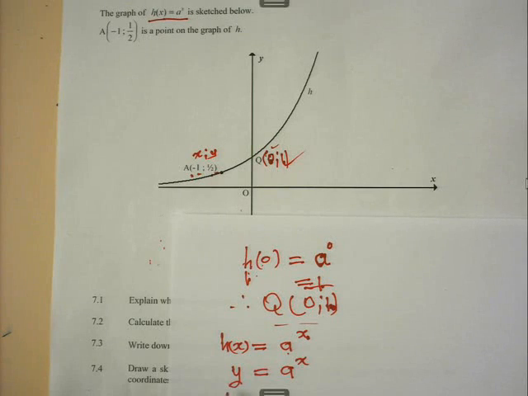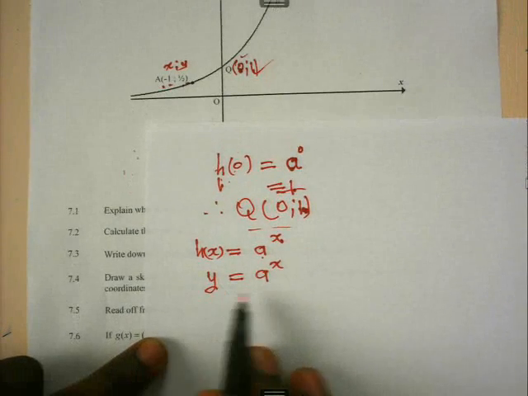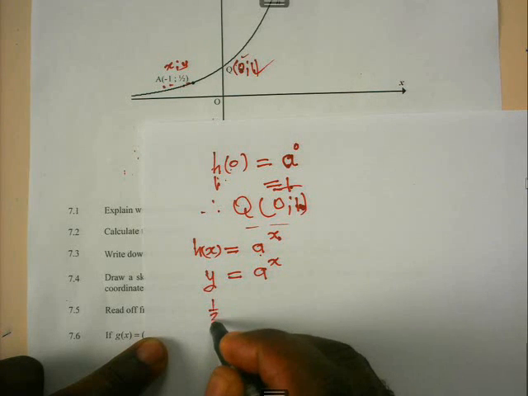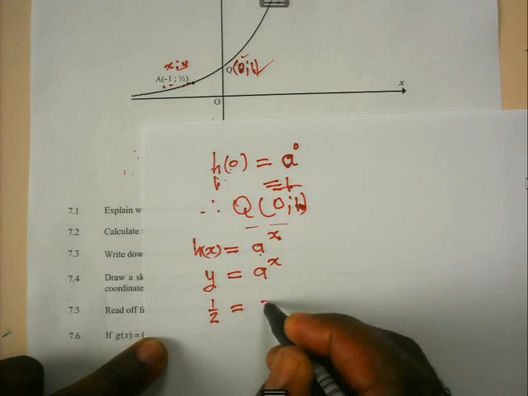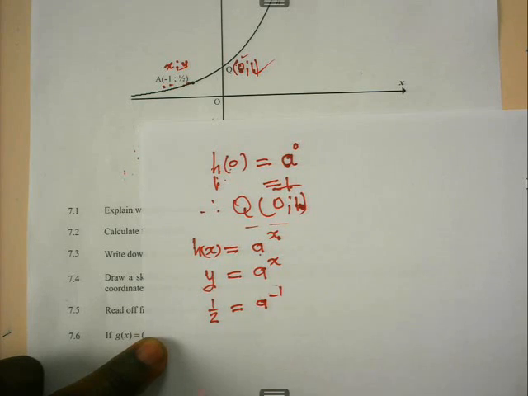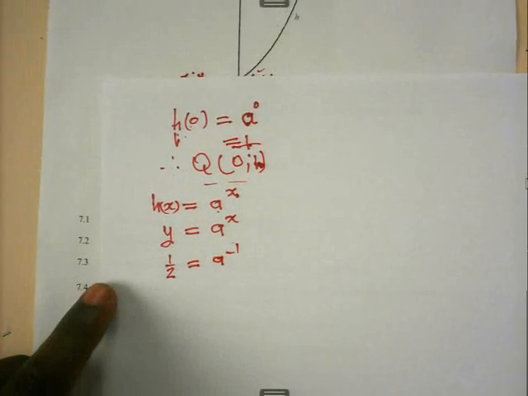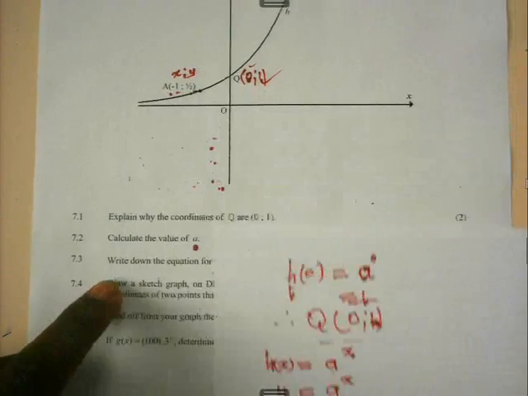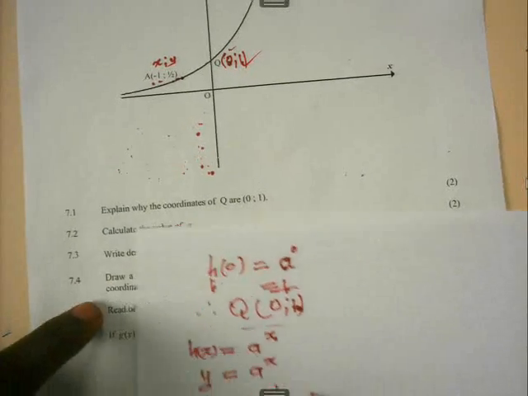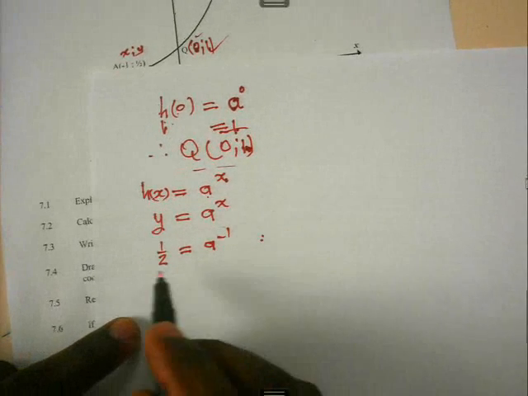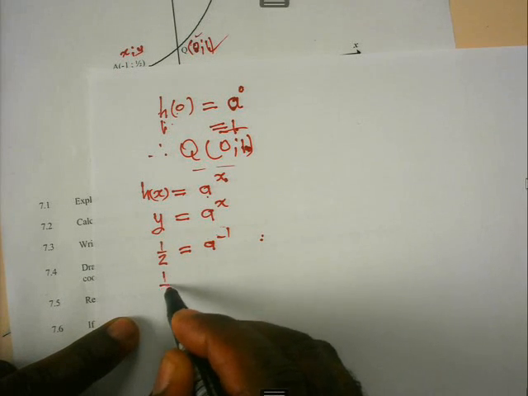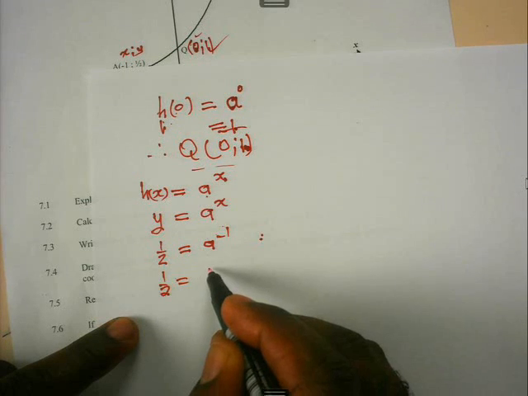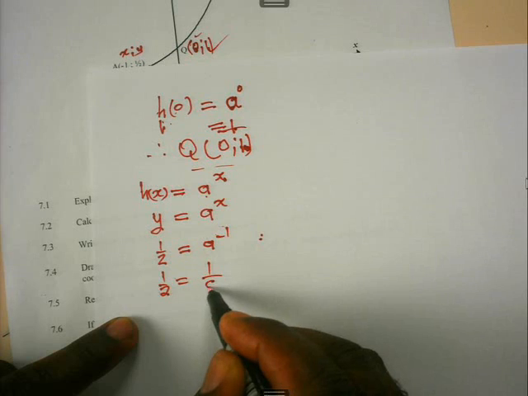Then I must directly substitute them in here, where now 1/2 will be equal to a raised to the power of -1. Remember, I'm here to determine the value of a as requested by question 7.2. Now, if I write this in terms of a fraction, I'm going to have 1/a.